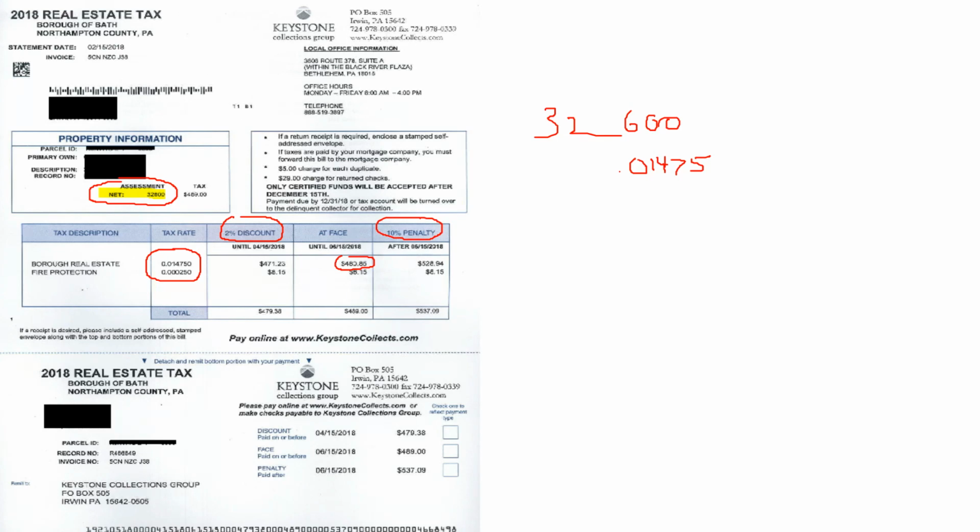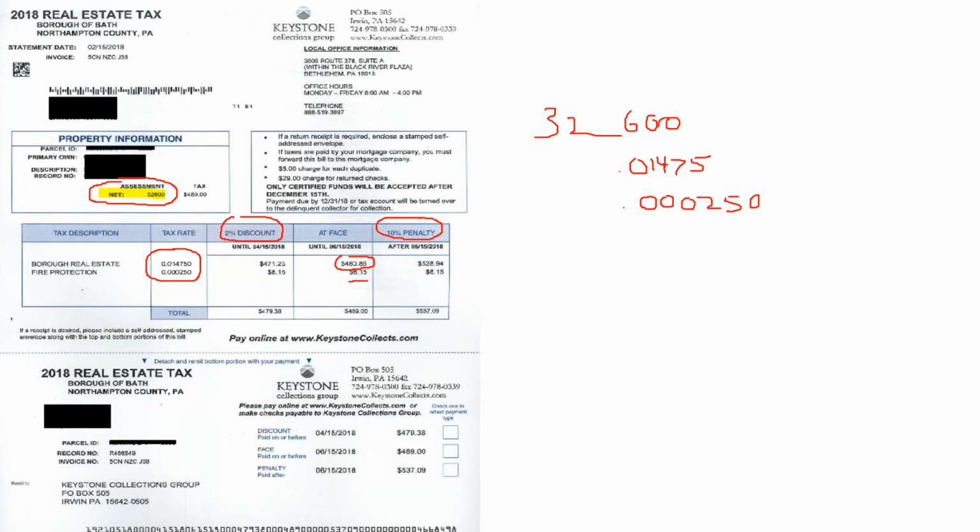Now, if we look at the fire tax, back to our scratch paper, we know we have 0.0250. So the millage is already in decimal format. So we take that decimal and we times it by 32,600, which is the assessed value of the property, and we come up with $8.15 at face value.